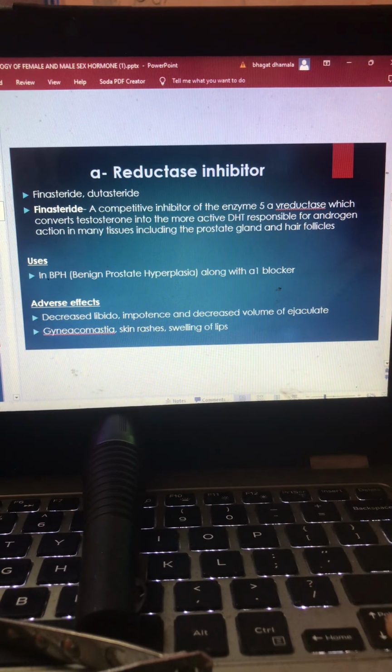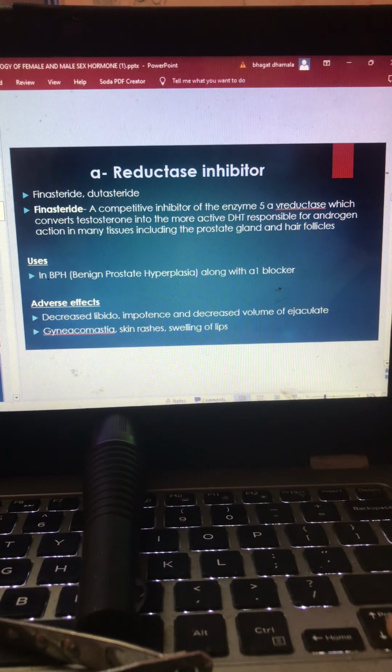Since testosterone needs 5-alpha reductase for converting into dihydrotestosterone, these inhibitors inhibit 5-alpha reductase and prevent the conversion of testosterone into dihydrotestosterone, which is the more active form.